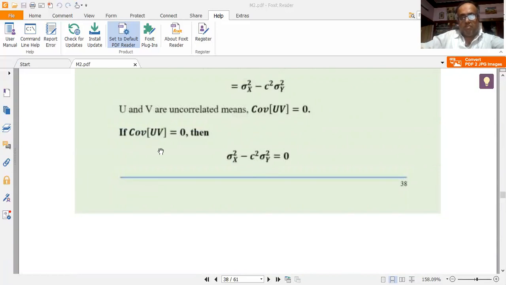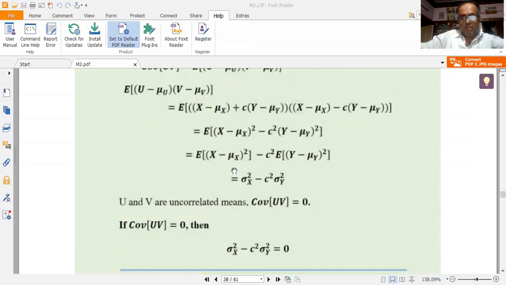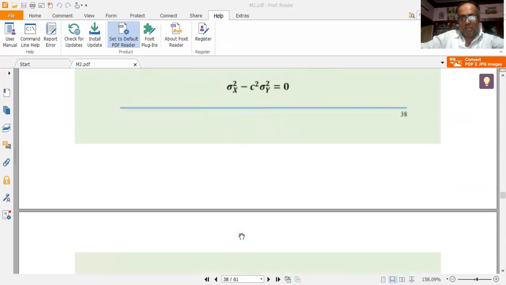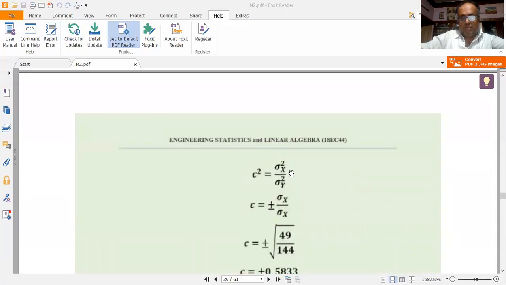So if the covariance of UV is equal to 0, then sigma X squared minus c squared sigma Y squared is equal to 0. Or c squared is equal to sigma X squared by sigma Y squared, or taking square roots on both sides, I get c is equal to plus or minus sigma X by sigma Y. This fellow has made a printing mistake here.